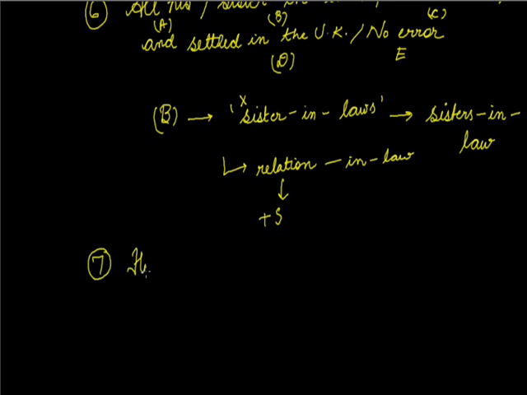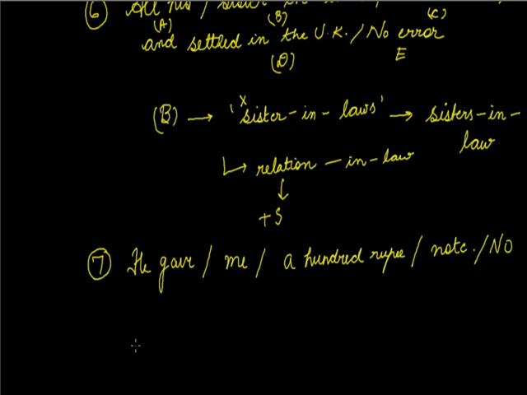He gave me 100 rupee note. In the next section, as usual, is no error. This is divided in 5 parts: A, B, C, D, and E. Hear the sentence.